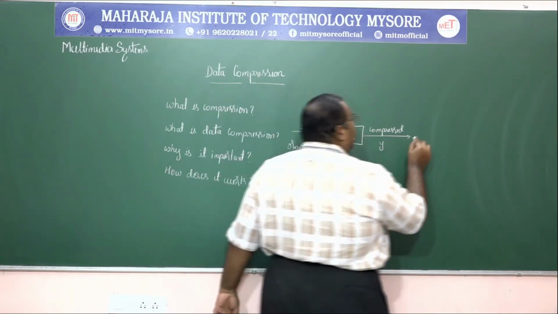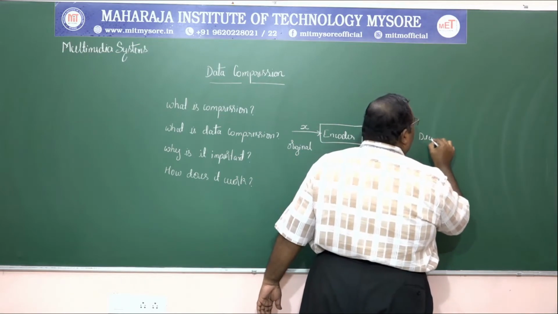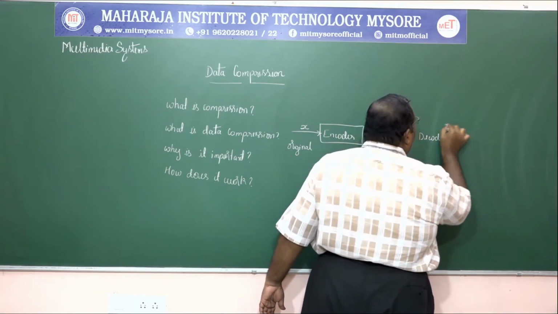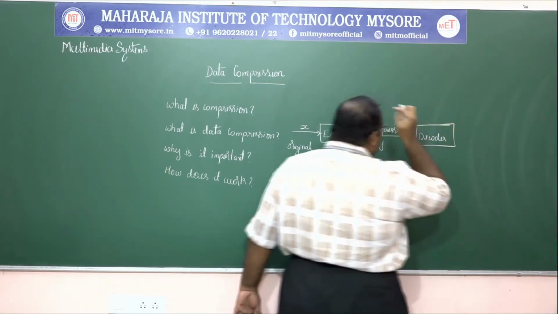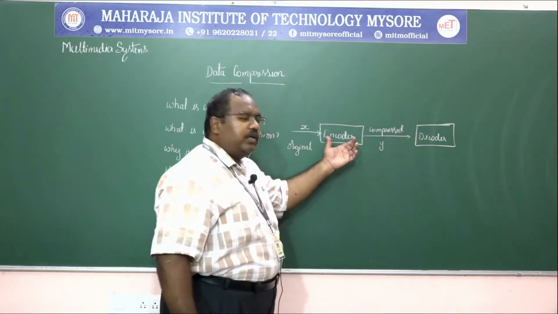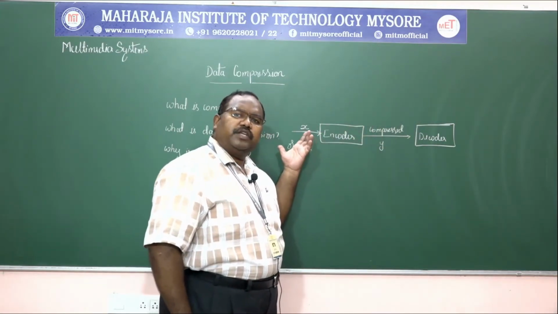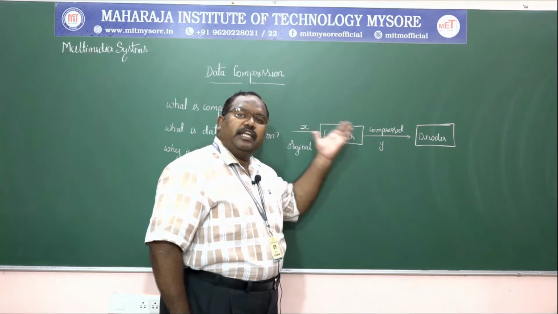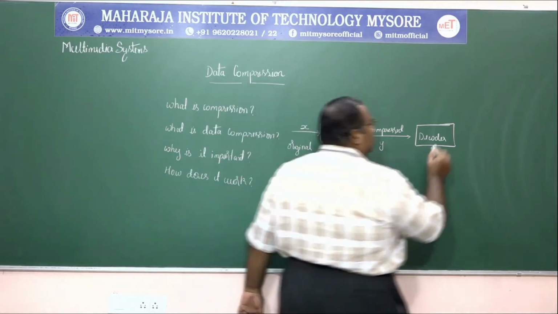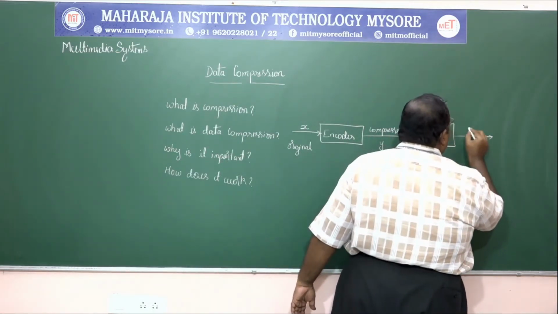Now when we want to get it back, we need to do the process in reverse order, from encoded to original, which is called the decoder, and that process is called decompression.